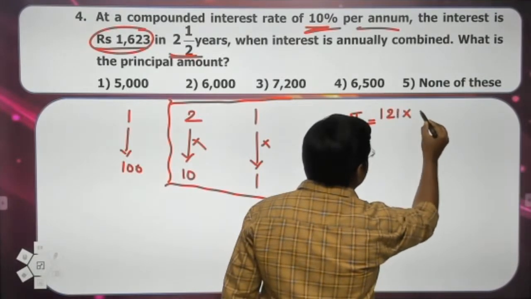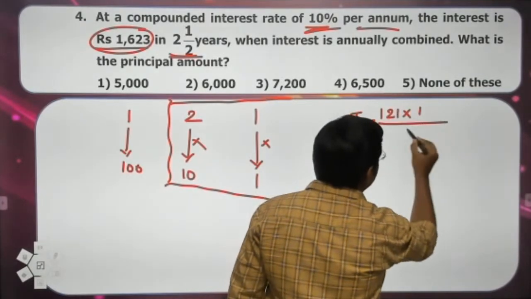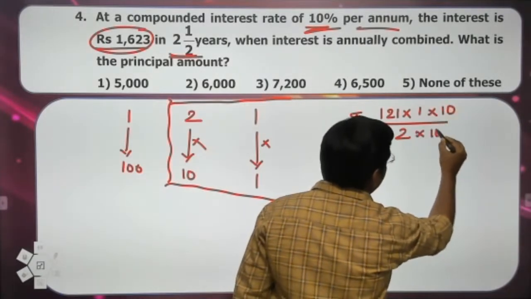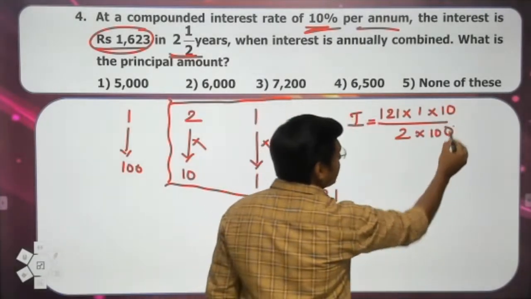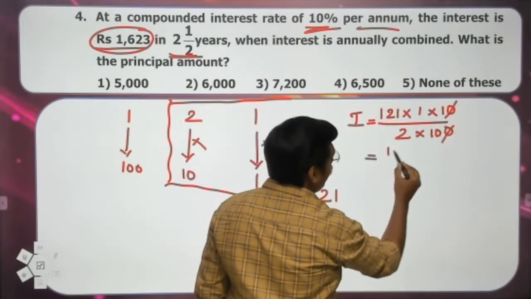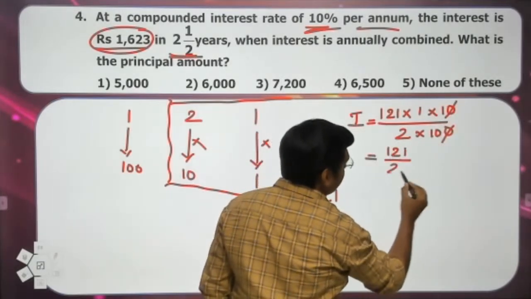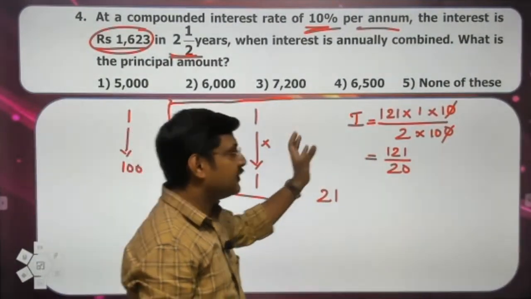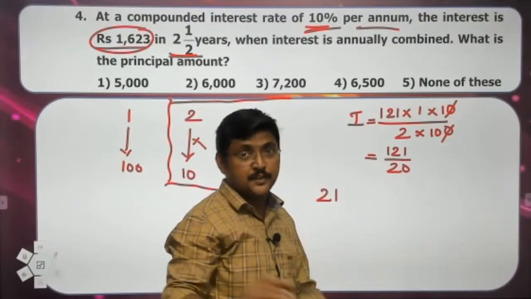So P into time period, it is half. So P NR, rate no change, by 100. So on cancelling, we will get this as 121 divided by 20. So this will be the interest for that 6 months after the 2 years, right?